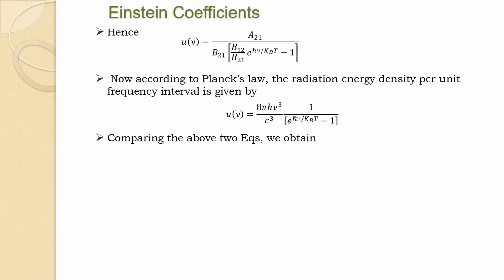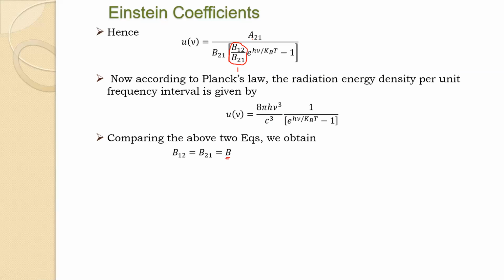That means B12 must be equal to B21, and let it be B. Where there is no quantity, it is equal to 1. Then B12 is equal to B21 and it is taken as B.